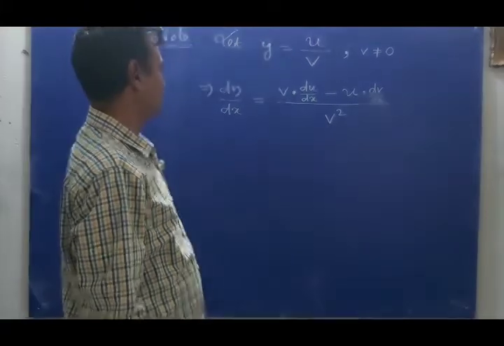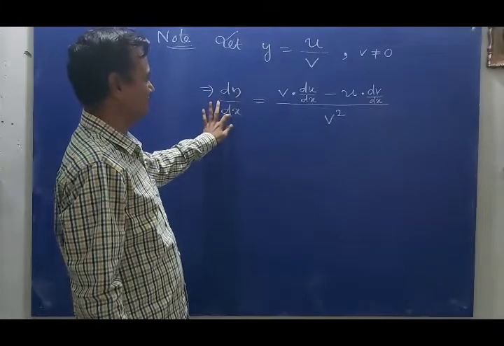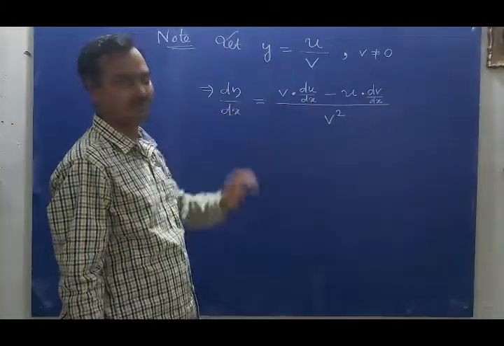So how to find dy by dx if y is equal to u by v form?